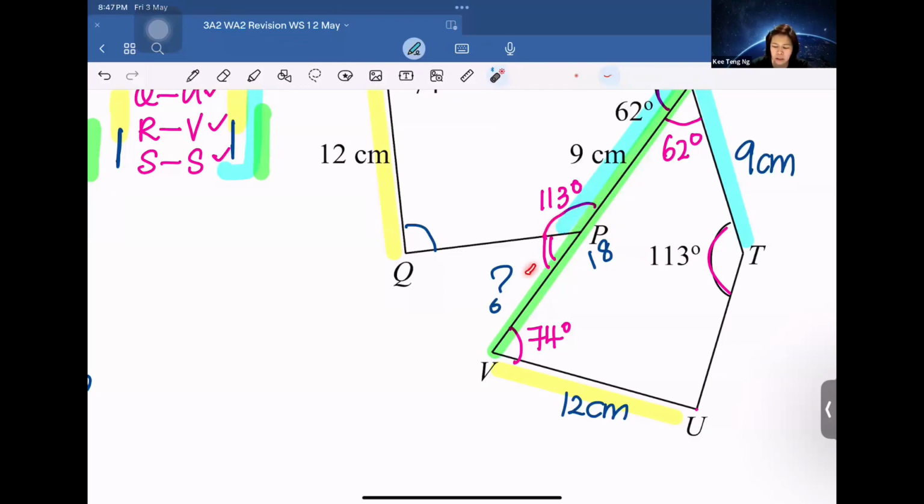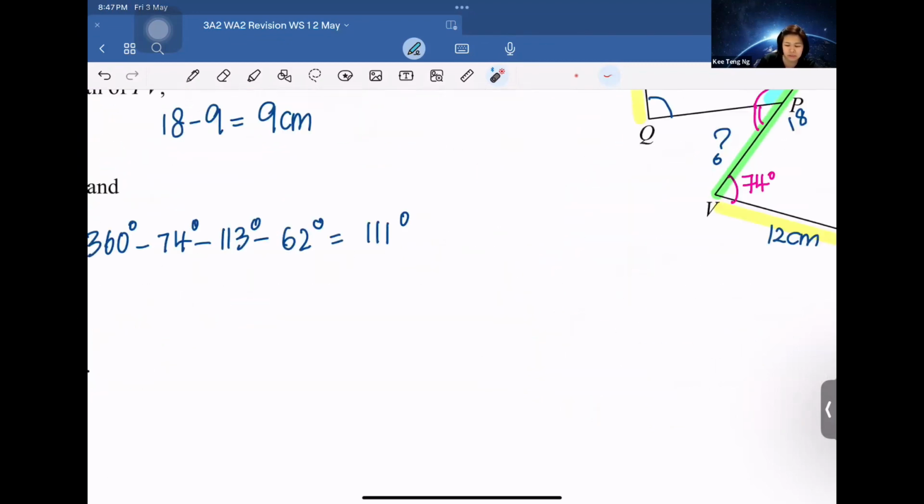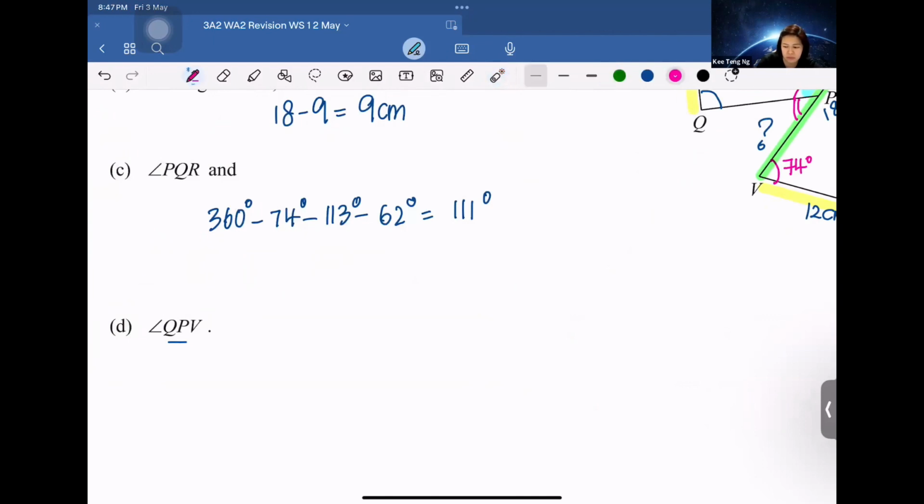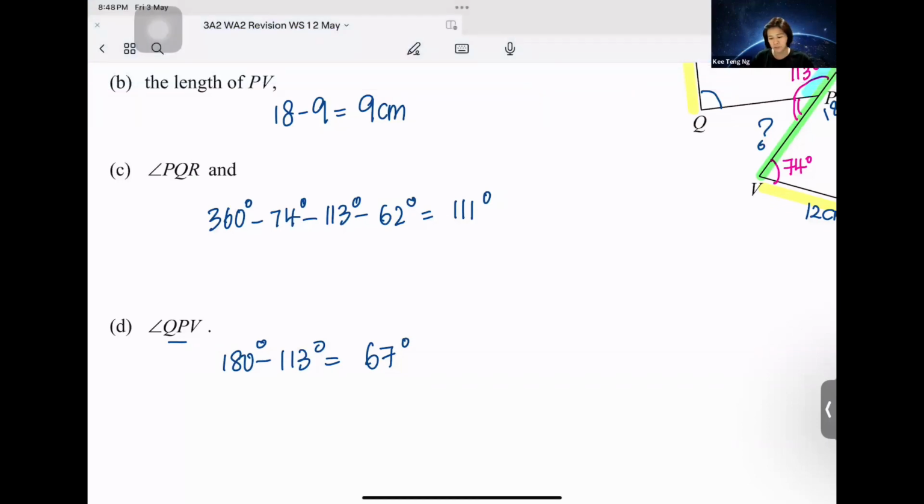So to find this, I'll take 180 minus 113, and that gives me 67 degrees. Angles on a straight line. Have you gotten the concept? Okay, with that, we are done with congruency. Let's move on to the next question on similarity.